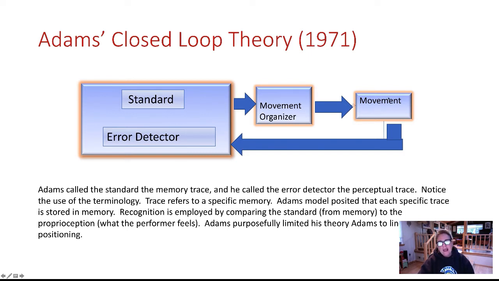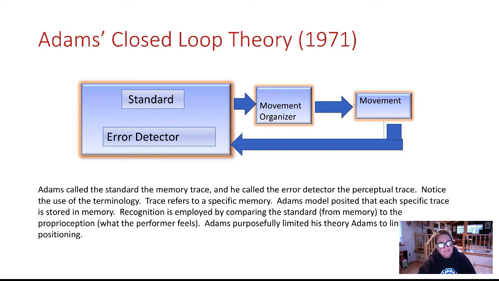And whenever we move, we get feedback back into the system. Proprioception is actually stimuli that comes back into the system. Adams refers to that information as the error detector.